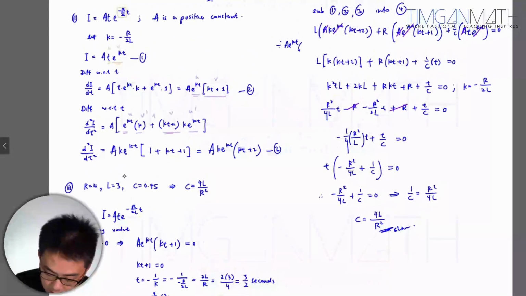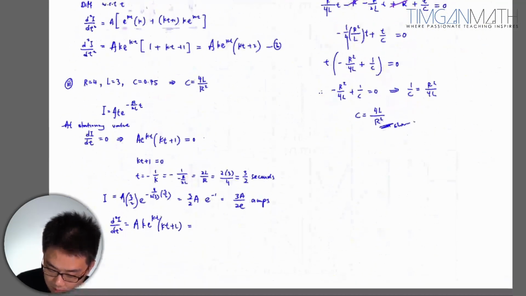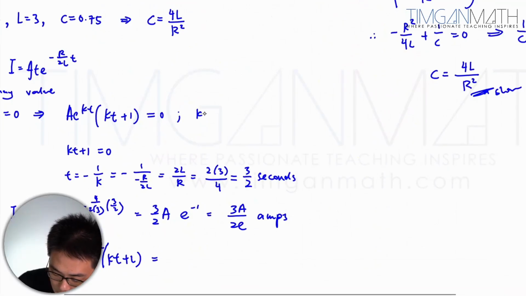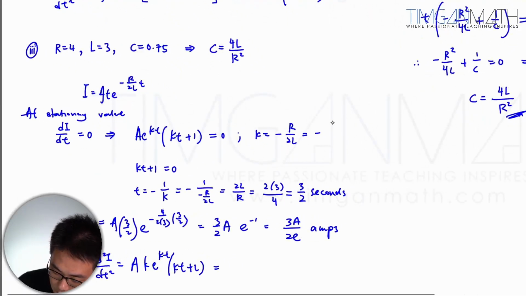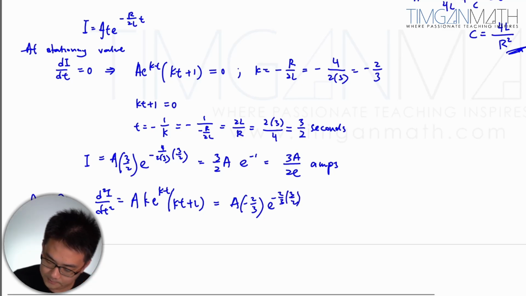Is k positive? K is not positive. K is negative R over 2L, negative 4 over 2 times 3, which is actually negative 2 third.